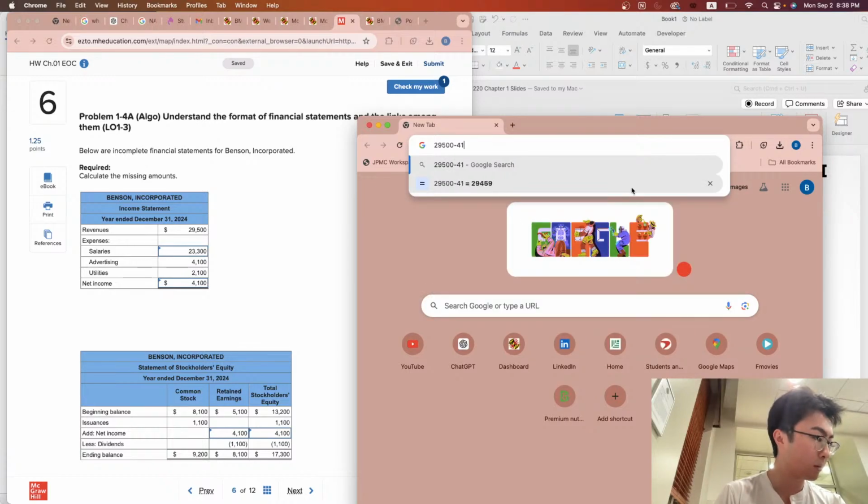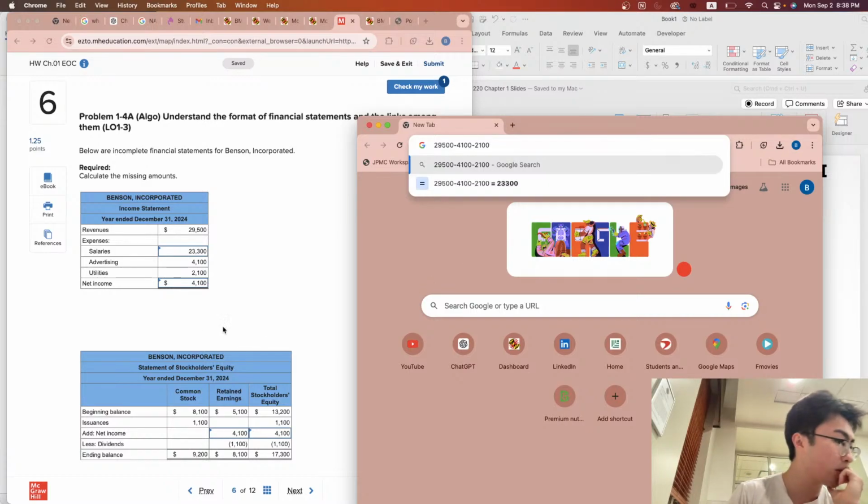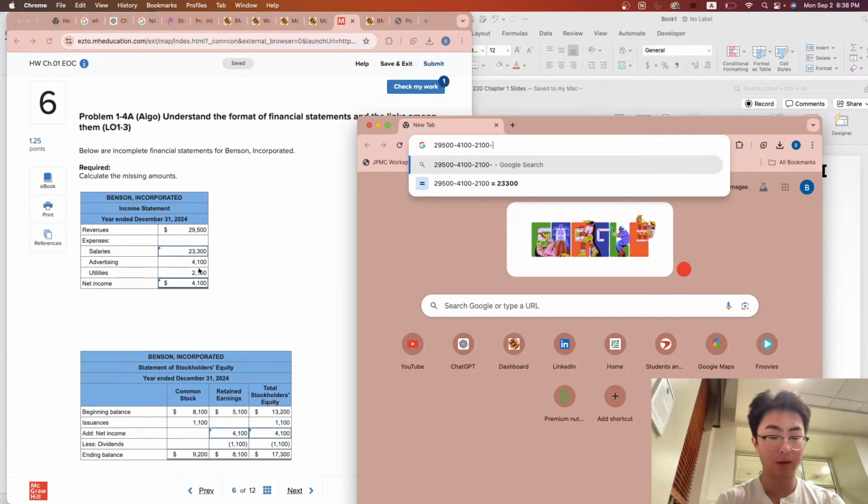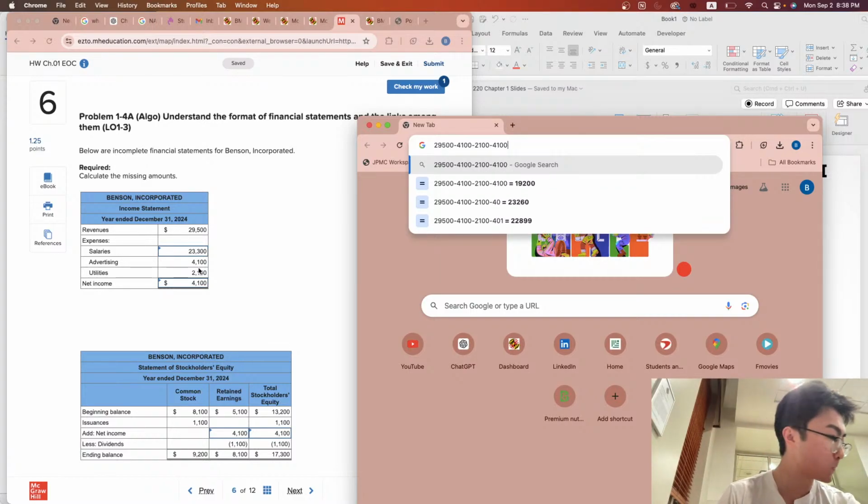Minus 400, minus 100. So this is equal to... I think I have to subtract this again.